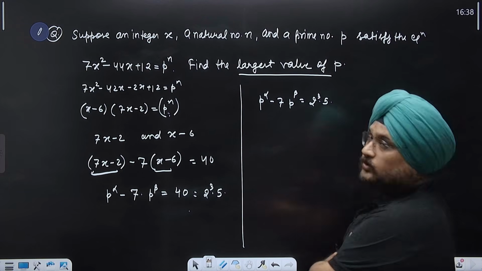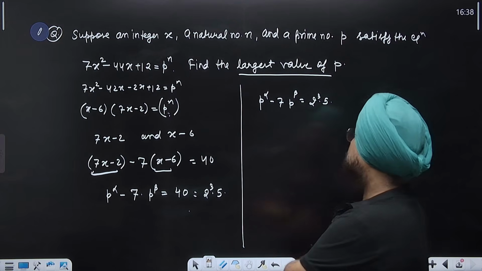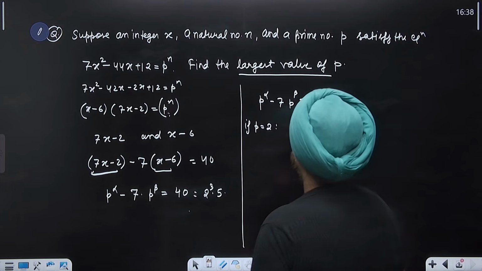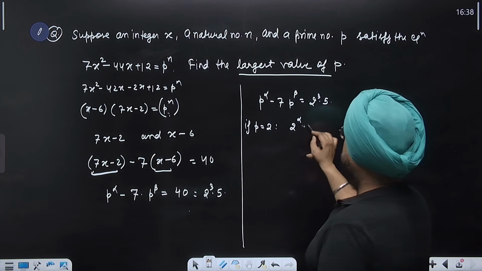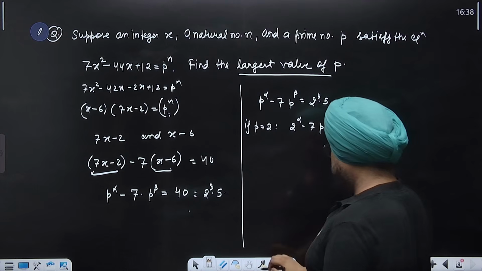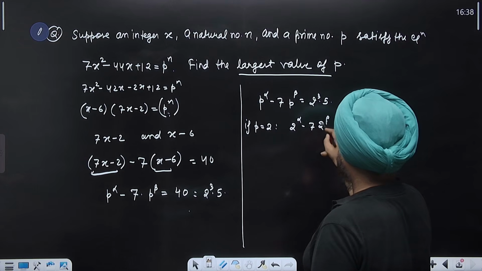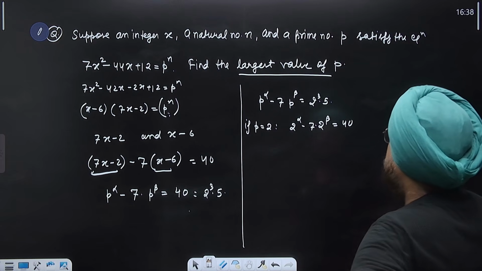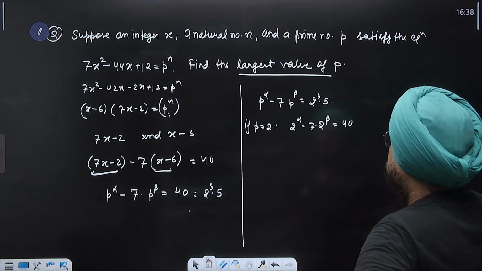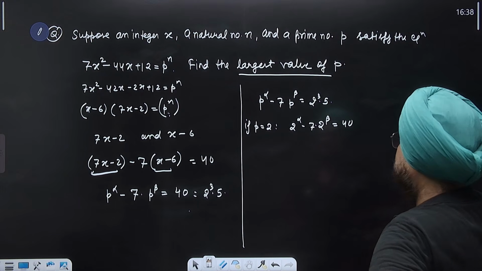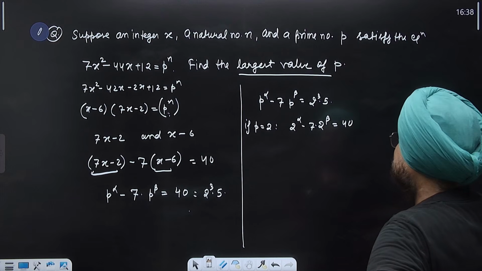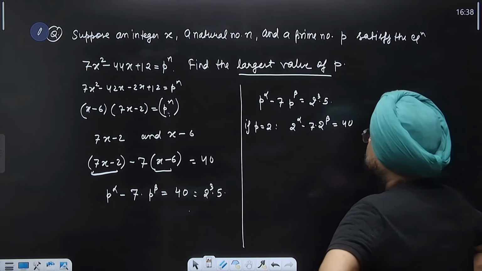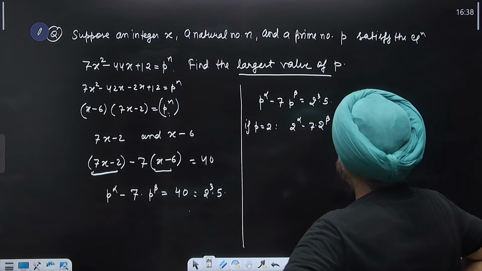p can either be 2 or 5. If p is equal to 2, this will be 2^alpha − 7 into 2^beta is equal to 40, and now we will have to consider the values of alpha and beta.